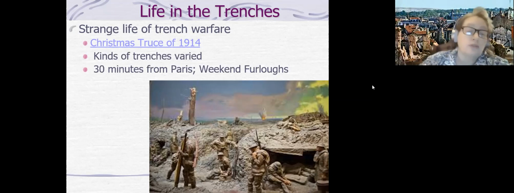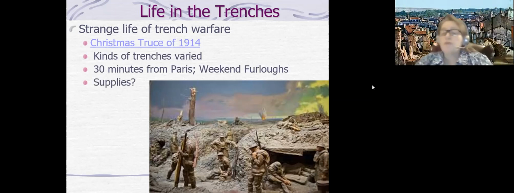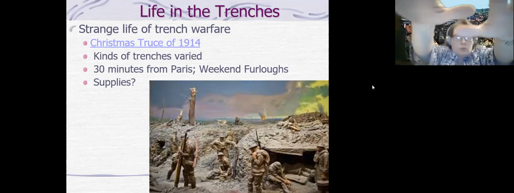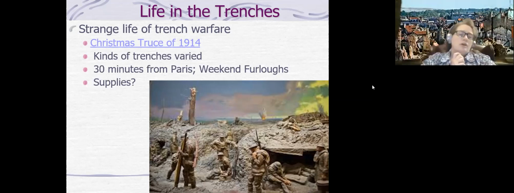Now, those weekend furloughs became rather helpful when you weren't getting the supplies you needed to fight. One really odd instance, a unit commander knew that they were about to go over the top, what they called over the top, because you would climb up out of the trench and run across no man's land to the Germans on the British side.